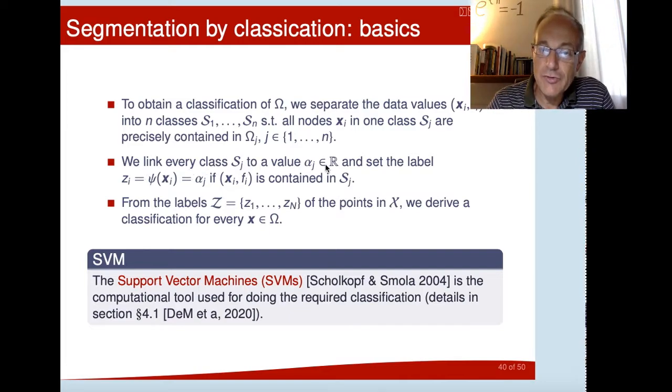Then we link every class to a value alpha j, which is a real value, and then we set the label z_i equal to psi of x_i, equal to alpha j if the point is contained in the class Sj. From the labels of the points in the set X, we derive a classification for every point x in the domain Omega. The support vector machine, as I already claimed, is the computational tool that we use for doing the required classifications. If you want more details about that, look at the paper that I have already mentioned before in the SIAM Journal on Scientific Computing of this year.